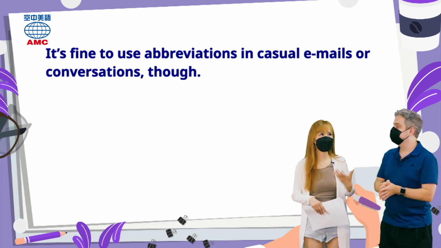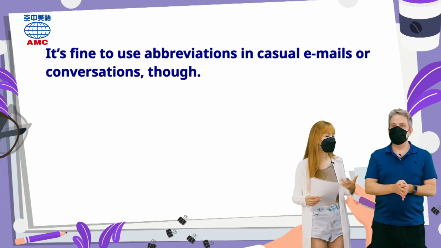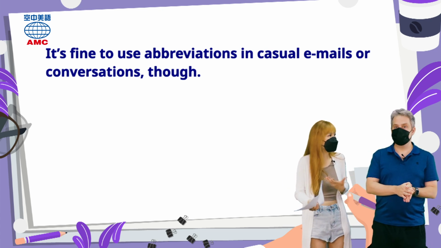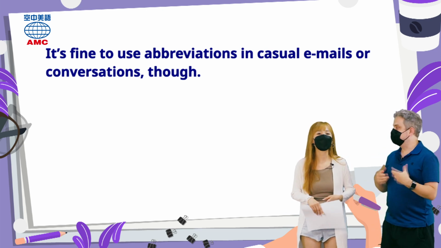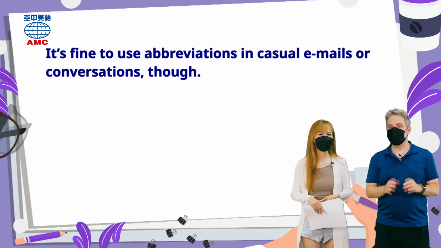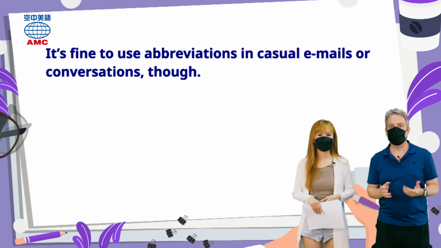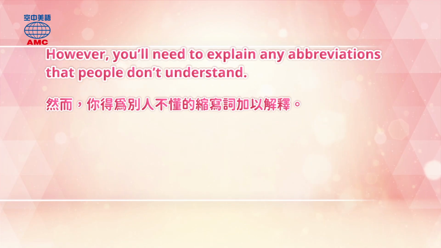They like to say FB or IG. But Westerners sometimes won't immediately get it because we just say Instagram or Facebook more often. Or PK, which is pretty common in Taiwan as an abbreviation. But not many native English speakers would know PK. So that's why the article says, however, you'll need to explain any abbreviations that people don't understand.